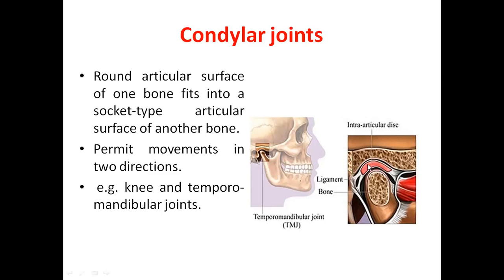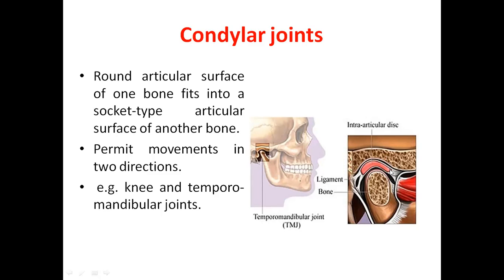As we discussed, there are certain joints in which the joint cavity has an intra-articular disc. So this is the intra-articular disc in the joint space. This is the joint cavity. It is divided by a fibrocartilaginous structure, that is the intraarticular disc, attached to the capsule.